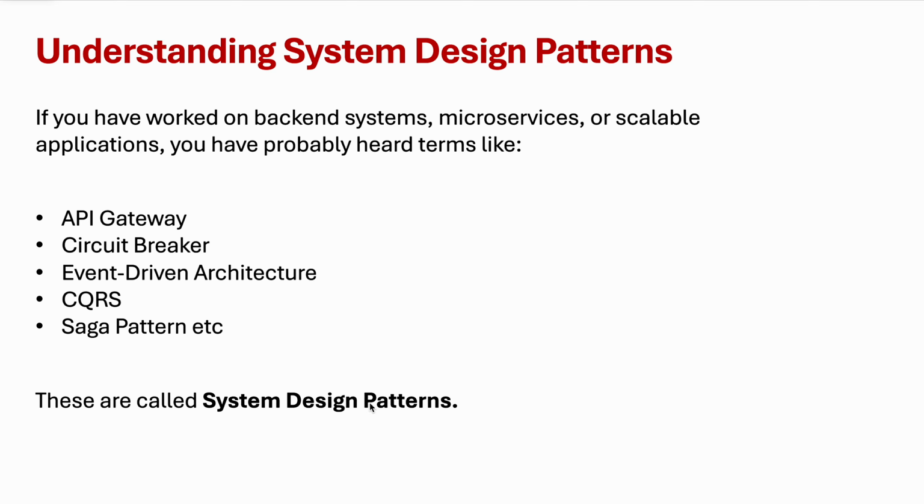If you have worked on backend systems or microservices or any scalable applications, you have probably heard terms like API gateway, circuit breaker, event driven architecture, saga pattern, CQRS. All these are system design patterns. We'll get a deeper understanding of what they are in the upcoming slides.